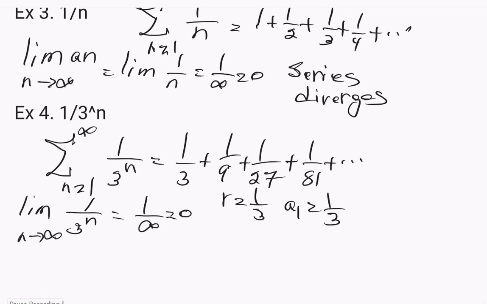So the sequence is converging. But how about the series? We know the absolute value of r for this geometric series is less than 1, so there is a sum.